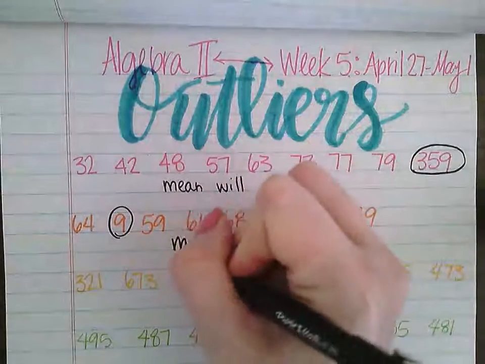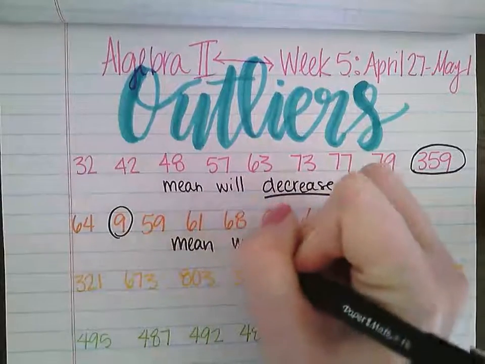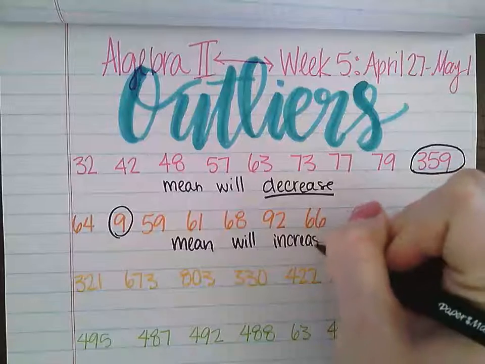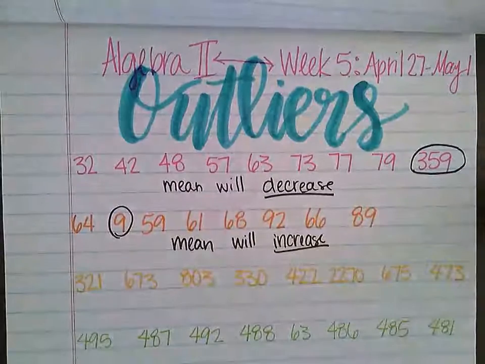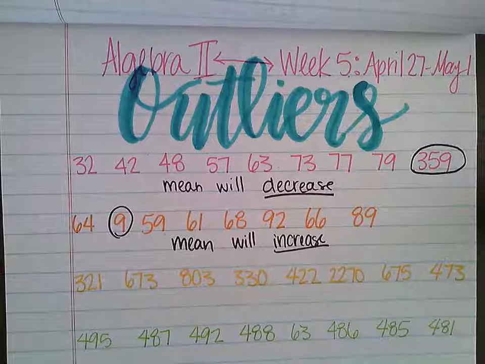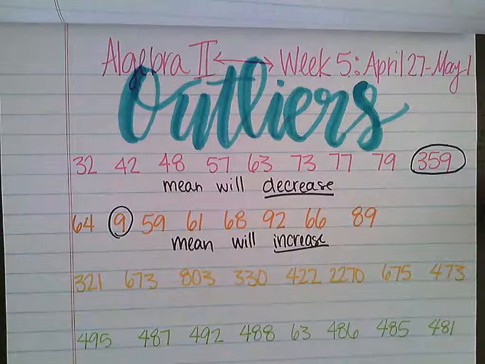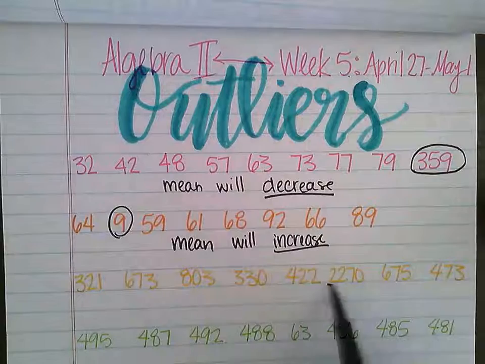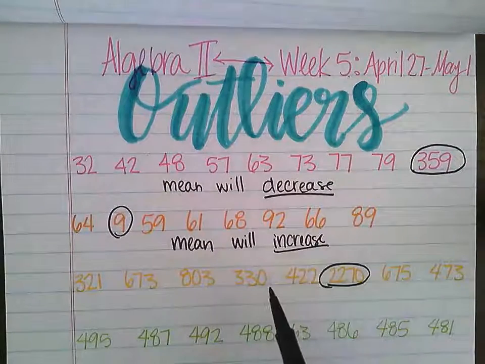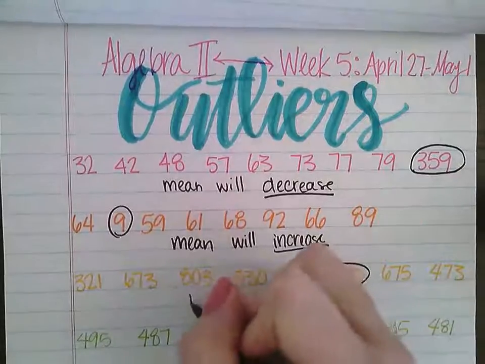If we got rid of it, the mean will increase. Remember that mean is just a math word for average, okay? So it's affecting the average of the numbers. In the yellow one, they're all 3-digit numbers, except that guy right there, he's hiding, okay? Again, since he's bigger than all of them, the mean will decrease.